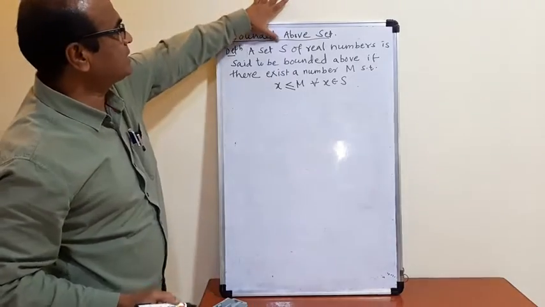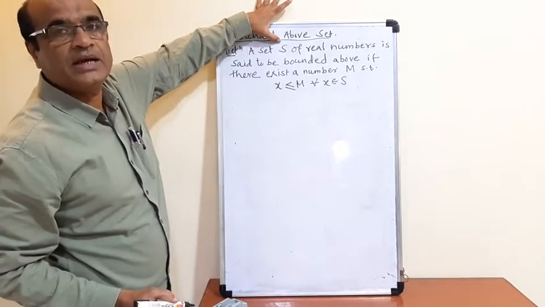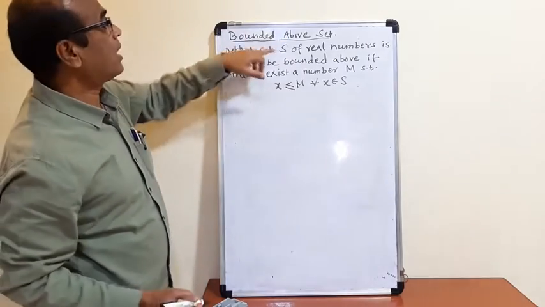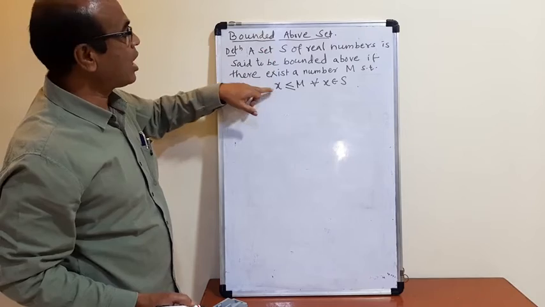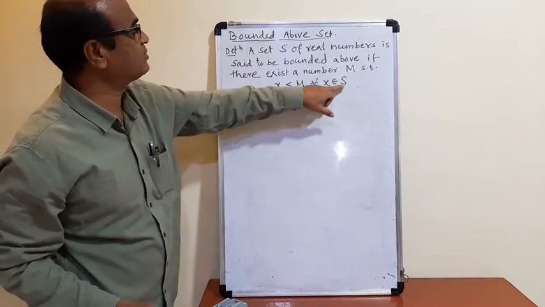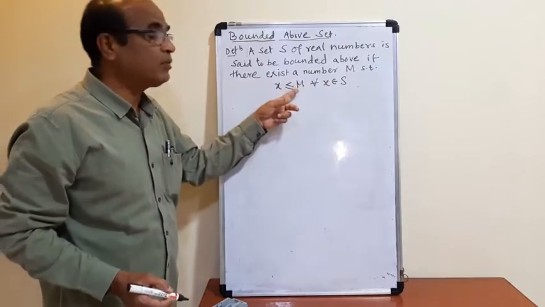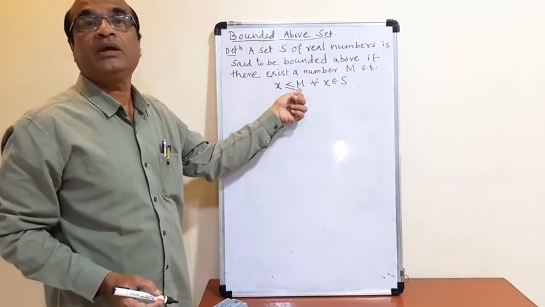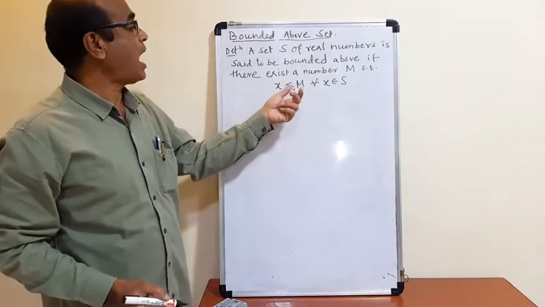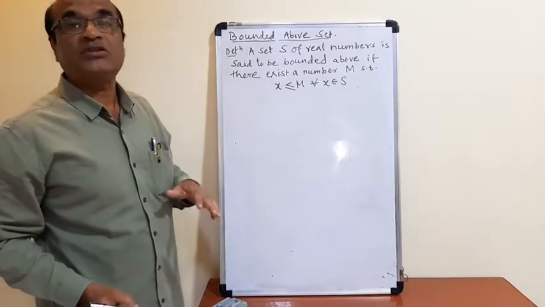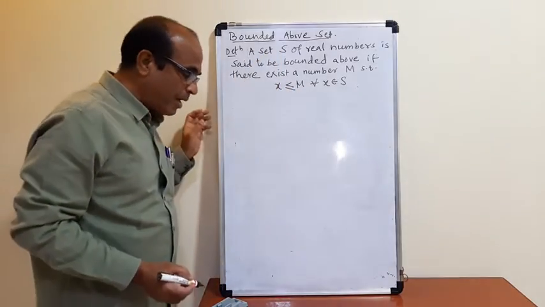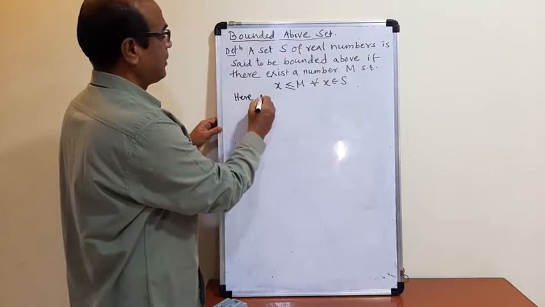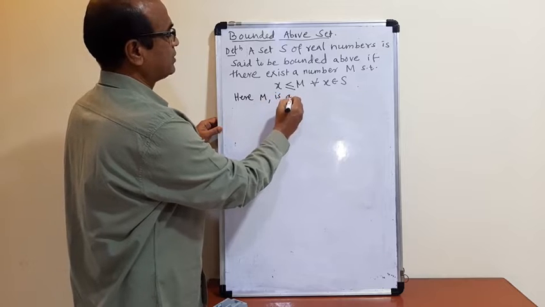Okay, so S is a set of real numbers. All numbers of this set are less than or equal to M, then M is said to be an upper bound, and the set S is said to be bounded above. Here capital M is an upper bound.